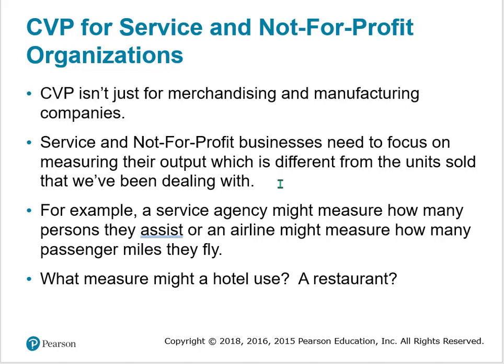That's the hard part, the measure of output. For example, a service company might measure how many persons they assist, or an airline would surely look at passenger miles flown. It's a major indicator for them. What might a hotel use? A hotel would probably use guests. A restaurant would use number of guests.